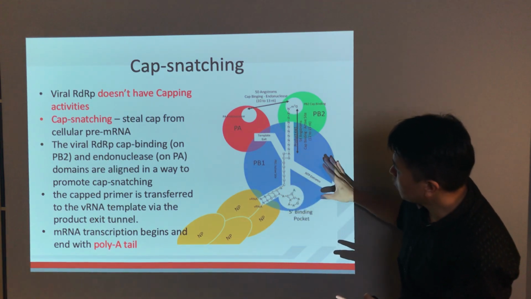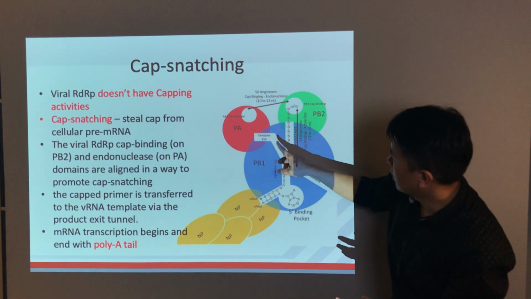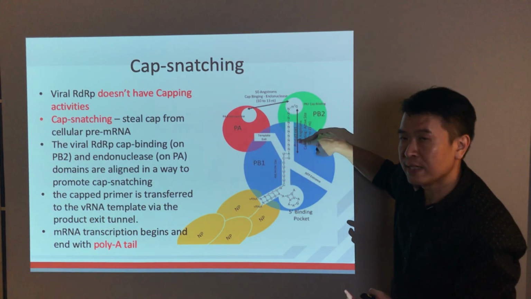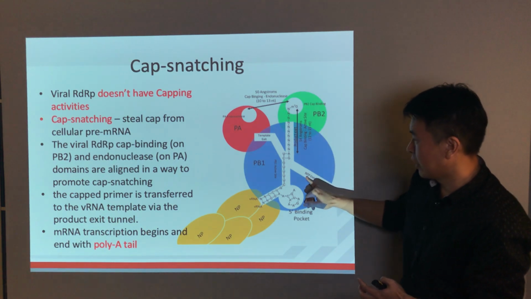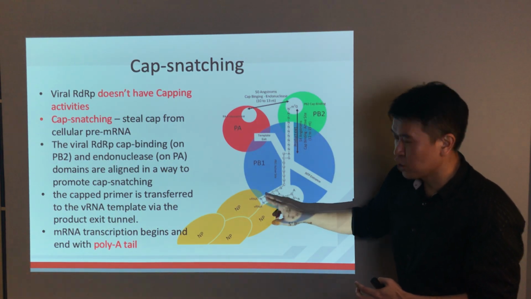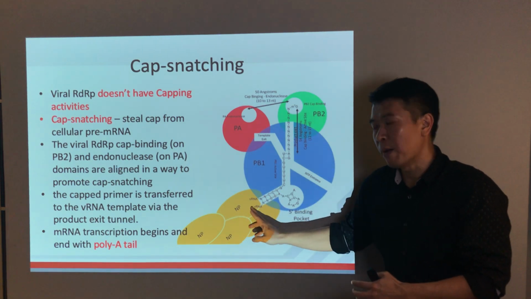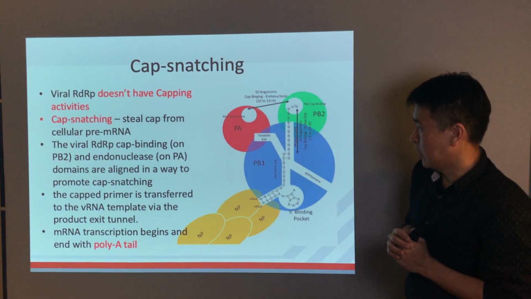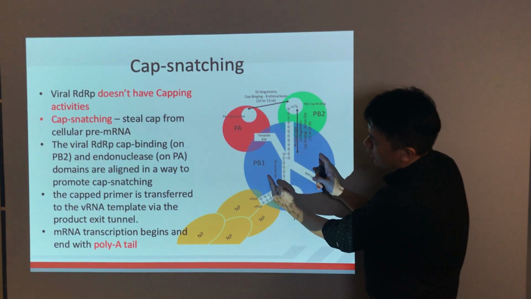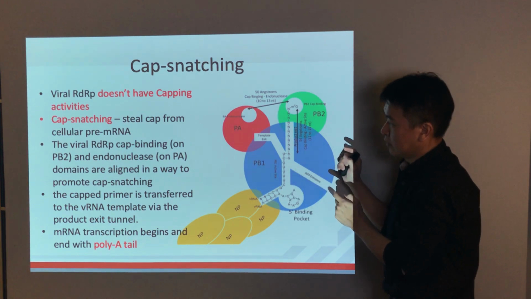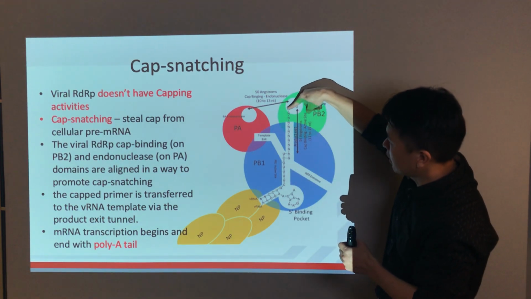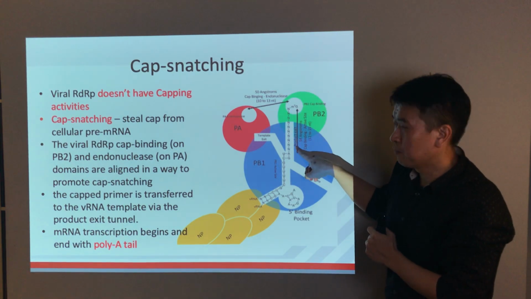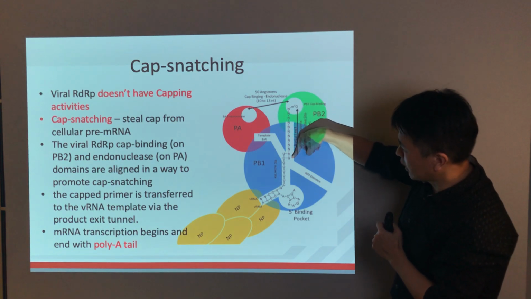Look here, PB1 has 4 channels: one is called the template channel, the product channel, the NTP entrance, as well as the channel where the RNA of the virus is located. In the center is where the PB1 active site is located. So now we have the mRNA from the host that goes into the product channel.